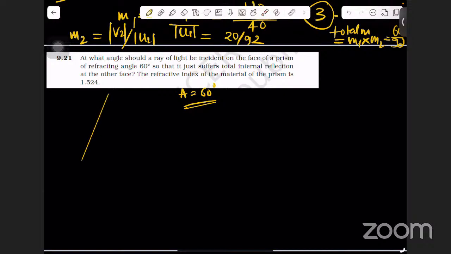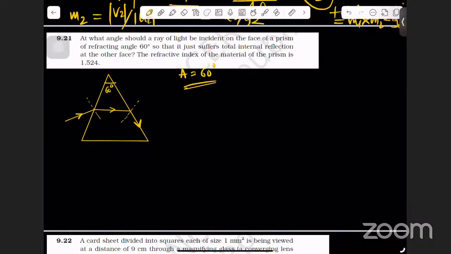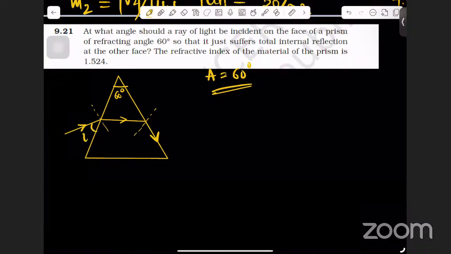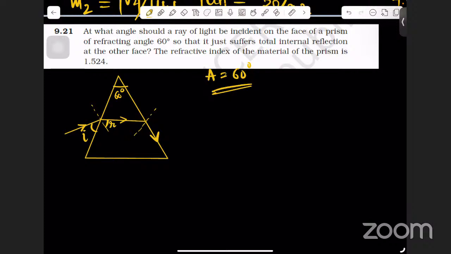So if I draw a prism over here, this 60, it came here, it got reflected like this, and on this face it is suffering TIR, right? So it's asking at what angle should it be put. Okay, this is R1, this is R2, and this is 90 degrees, right? It's TIR, so it should be 90 degrees.